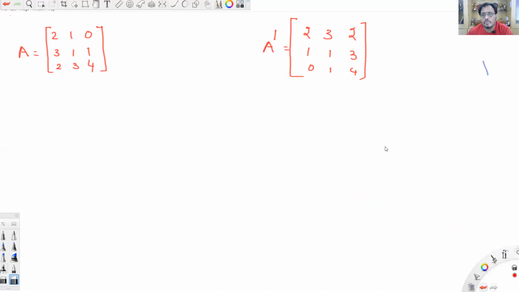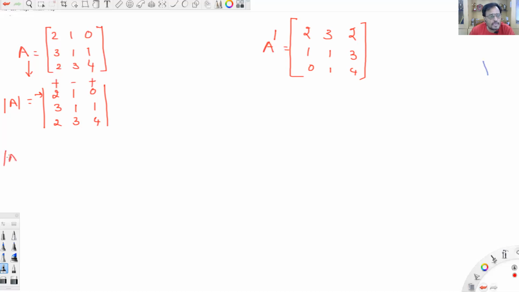Now we'll take out the determinant of A, that is 2 1 0, 3 1 1, 2 3 4. Again, I'm expanding along the first row, with signs plus minus plus.